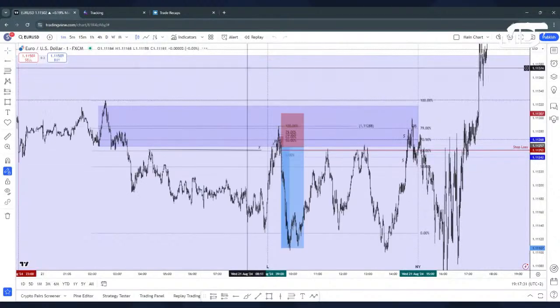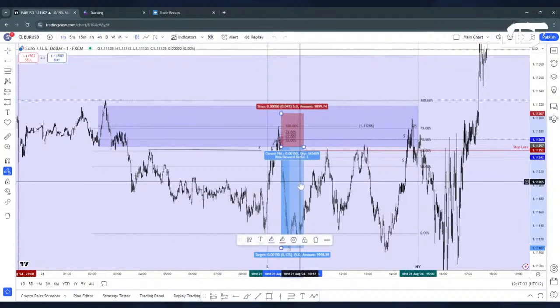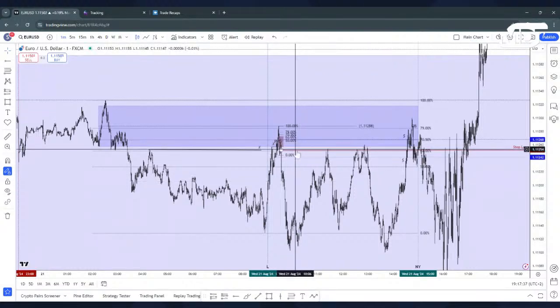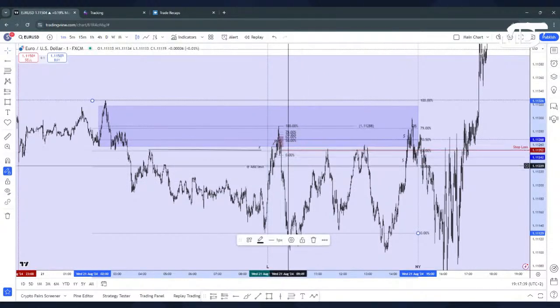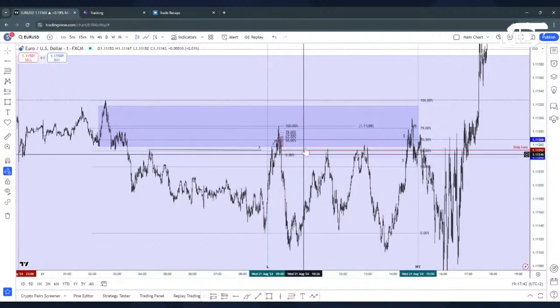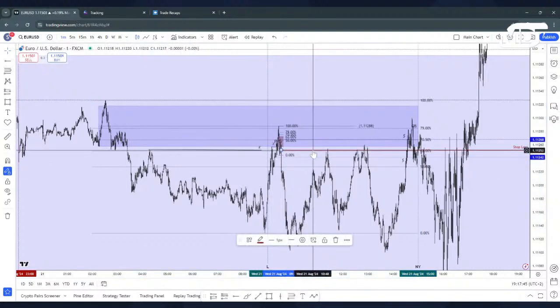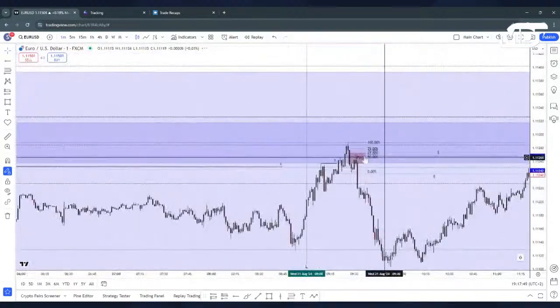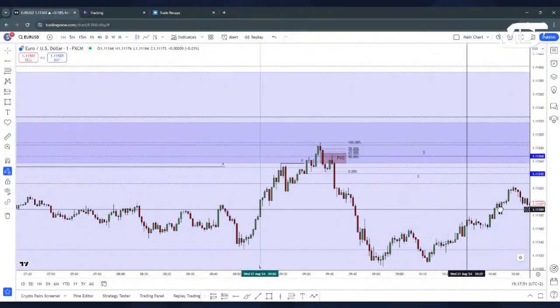But if we were just wanting to target session liquidity, which is the objective of some of the positions that I take, discounting what the higher time frame was doing, that would have been a very, very clean setup.